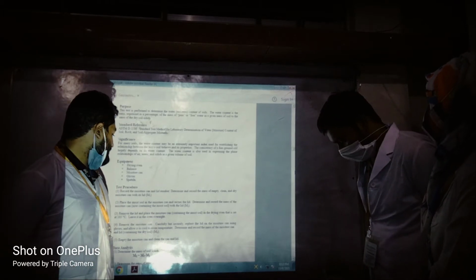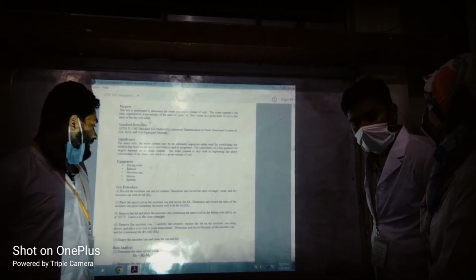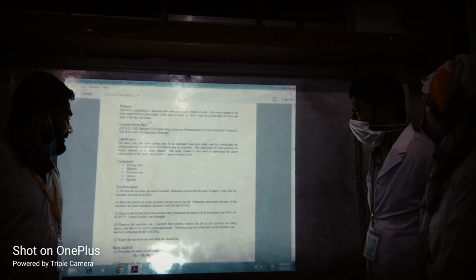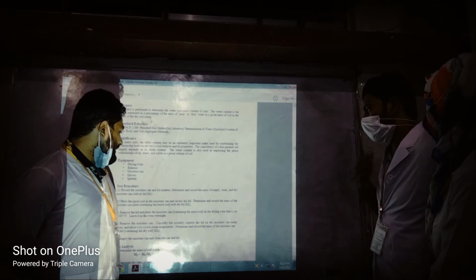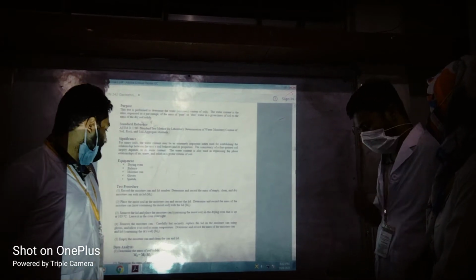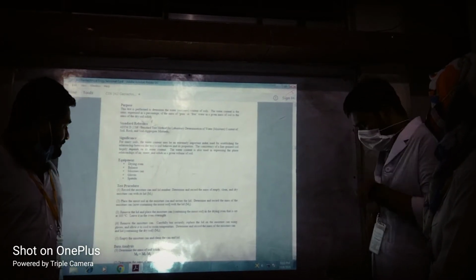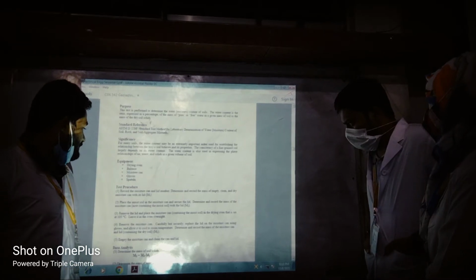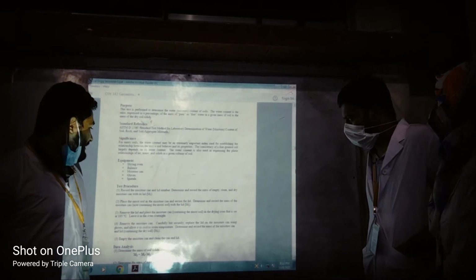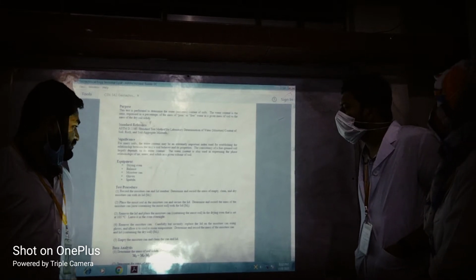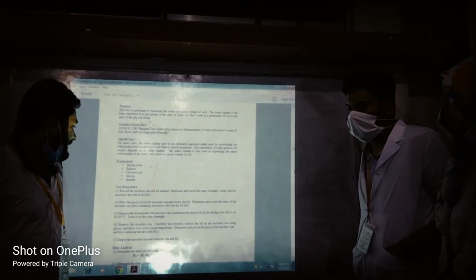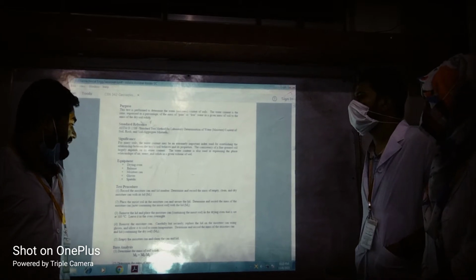Place the moist soil in the moisture can and secure the lid. Determine and record the mass of the moisture can with the lid. Secondly, we take the can and lid and some soil sample in the can, and it is recorded.